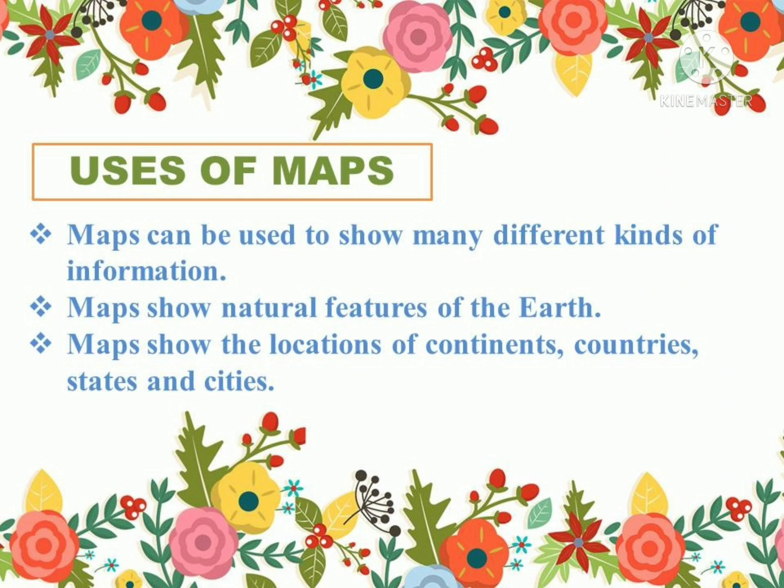If you have seen the map of the world or the map of our country, you can easily see the continents, countries on the world map and the states and the cities in the Indian map. So it shows the location of different continents, countries, states and cities.